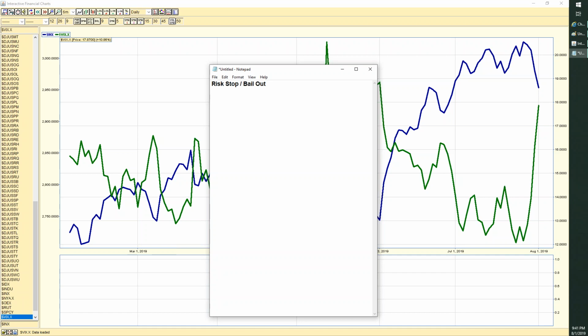So if the underlying symbol is trading at $100, we'll set our risk stop so that if the underlying symbol dips below $97, we're going to get out of there. We're going to liquidate our position and get into all cash and take our hand across our brow and say, phew, we got out with this expected amount of loss.